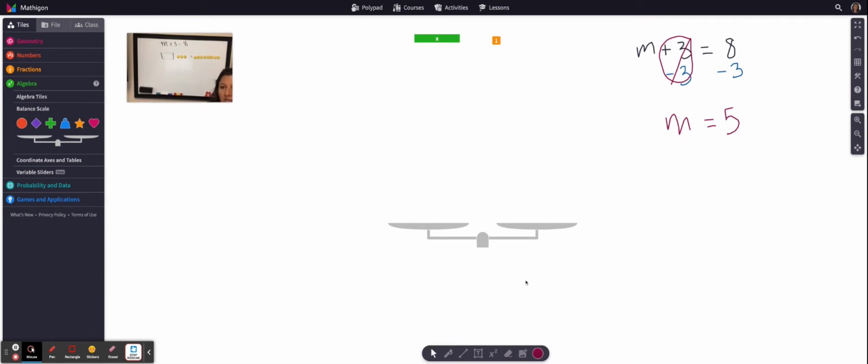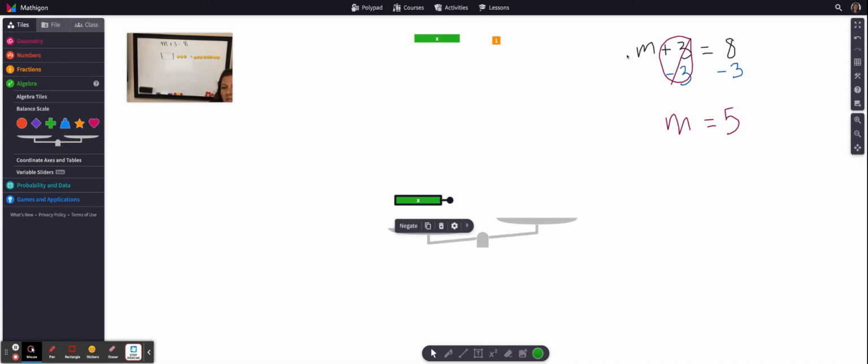Another way to think of this problem is we can think of an equation as a balance. In order for us to create this equation, I'm going to need an m. Since I'm using algebra tiles, they're labeled as x's. So I'm going to use an x to represent the m, and that's going to be on the left side.